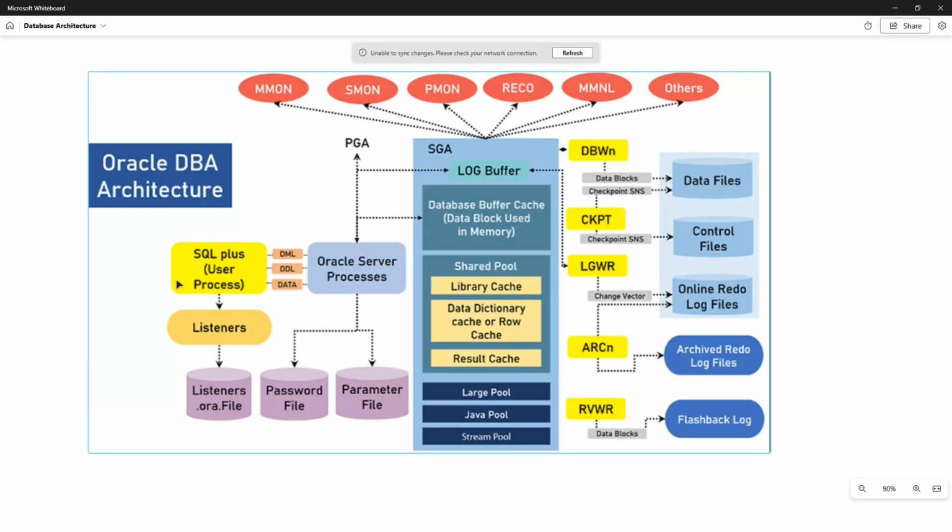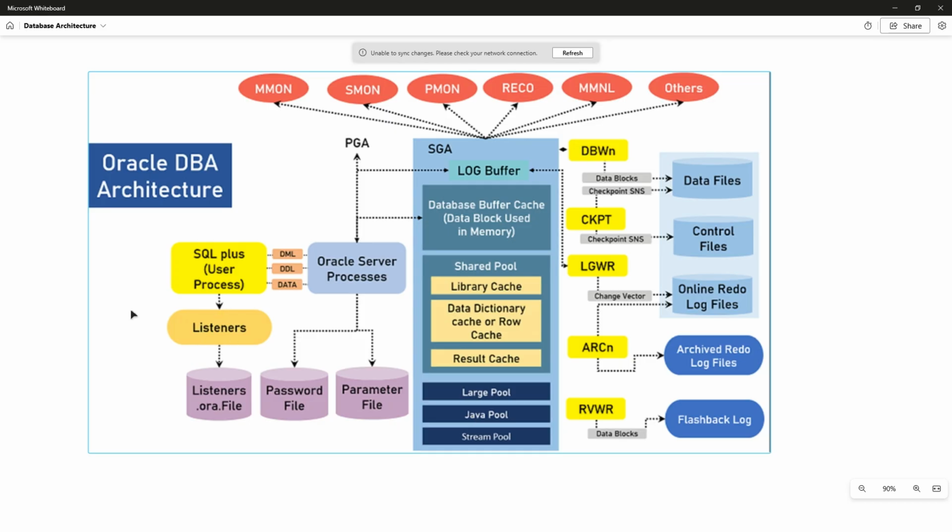Remaining job in the sense, when you execute a DQL query, a select query, the remaining job is to get your data with the select query. That will be taken care of by the server process. So whenever you execute a query, a user process will be started. The request will be checked by the listener.